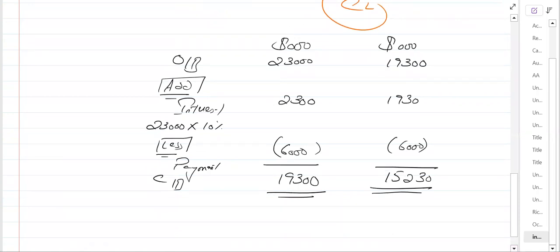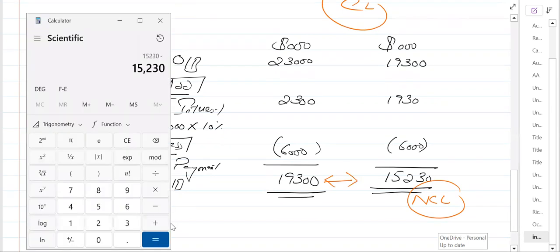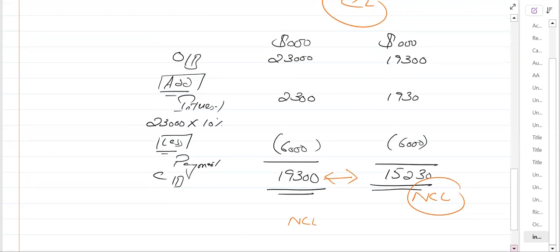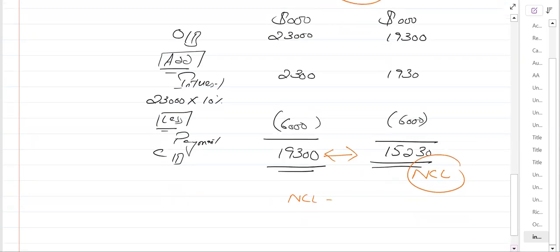Now this 15,230 represents your non-current liability. And the difference between these two, 19,300 minus 15,230, represents your current liability, so it's 4,070. And this is the extract for the financial statements. In the non-current liability, you take 15,230.